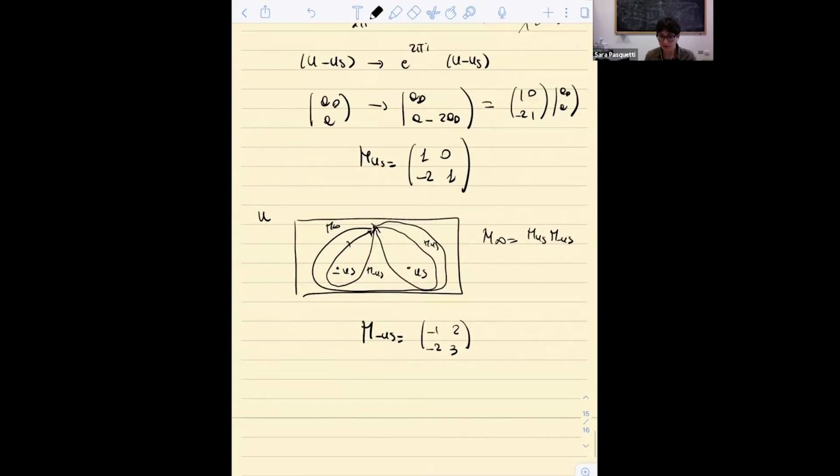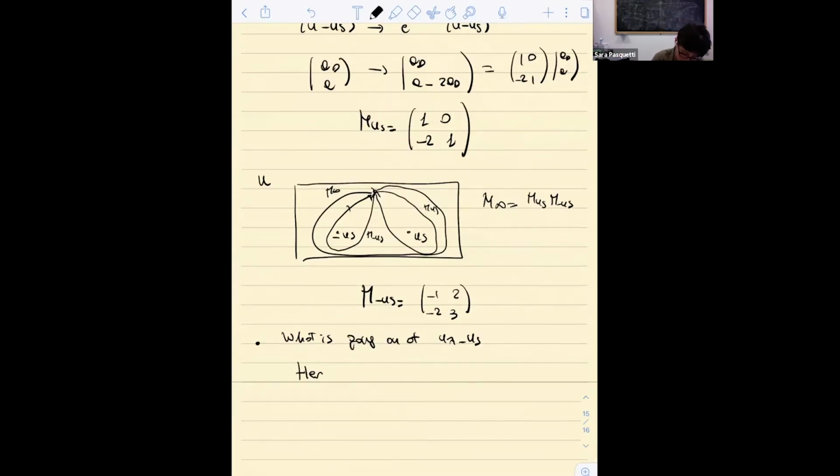So the question, to complete the physics picture, I need to understand what's going on at the other singular point. So the guess by Seiberg-Witten is that at this point, it is a dyon that is becoming massless.